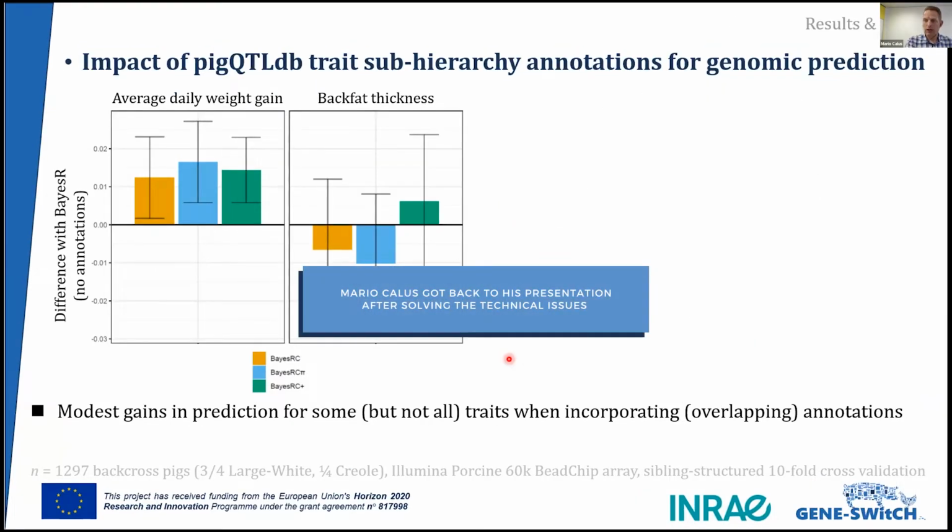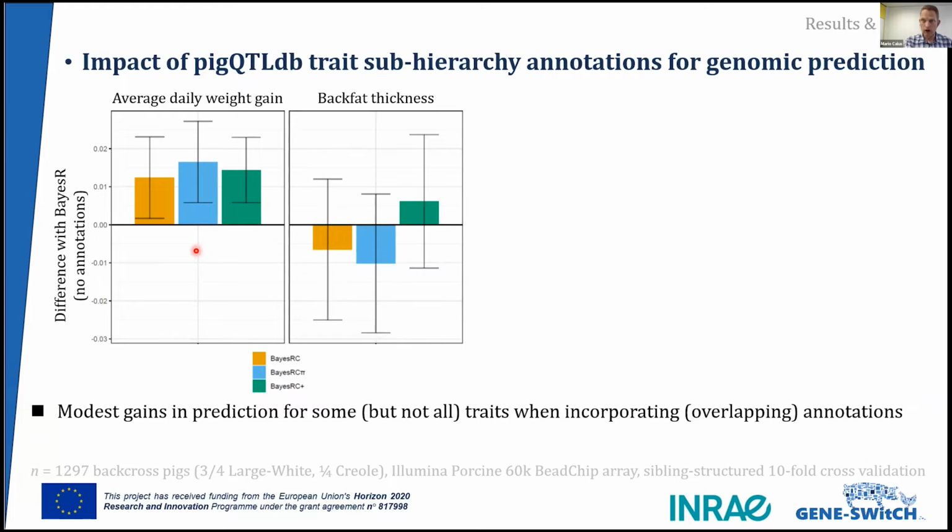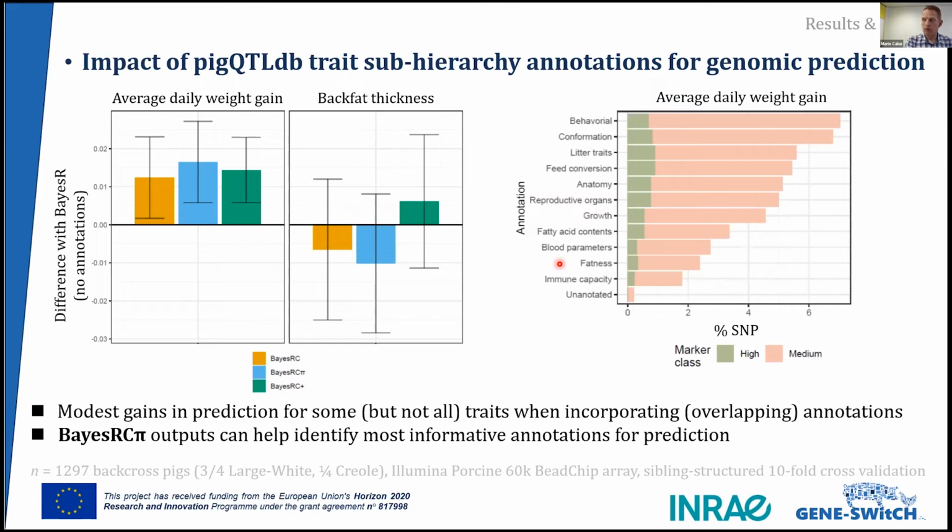Here, as you can see, for the first trait there's actually an advantage of using these annotations, a small advantage for average daily weight gain, but there isn't for back fat thickness. The annotation here was based on gene function, so it was based on QTLs and the category or the trait they were associated with.